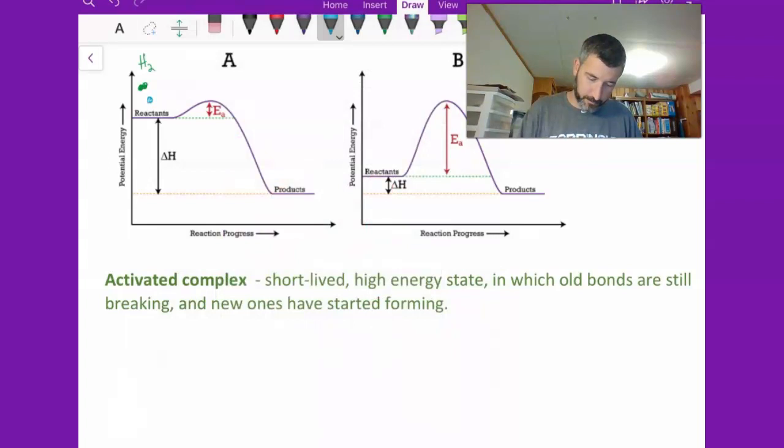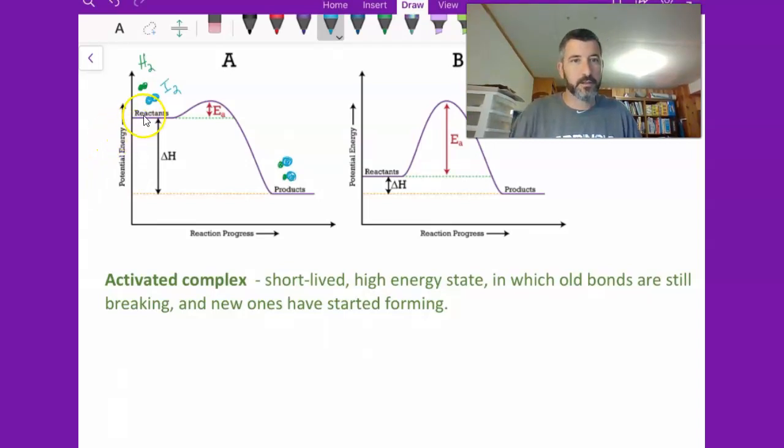I2 would be quite a bit larger. We're not doing it to scale, but you get the idea. There's I2. And in the end, we're going to make two HI molecules. So each molecule in my product is going to have an H bonded to an I. Right? So those are my products.